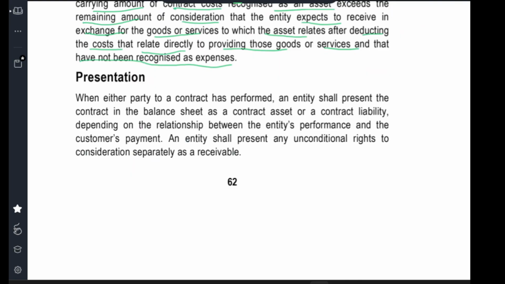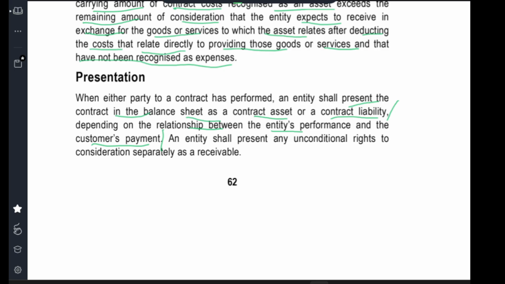Presentation. When either party to the contract has performed, the entity shall present the contract in the balance sheet as a contract asset or a contract liability. How are you going to show it? I have a contract asset, contract liability, you should show depending on the relationship between the entity's performance and the customer's payment. If I have received the payment in advance, it is a contract liability.